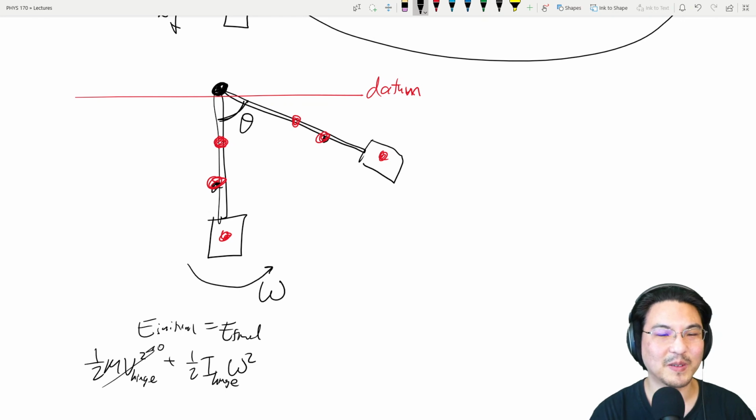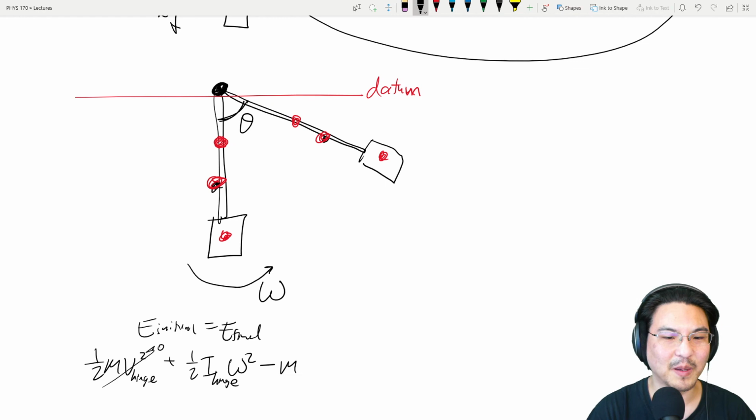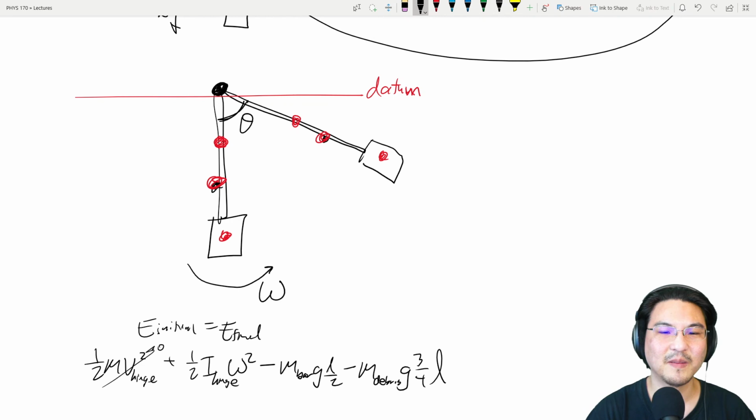So what's the potential energy for the bar below the datum? Minus m g L over 2. For the debris, minus m g 3/4 L, and then the slab, minus m g (L plus b over 2).